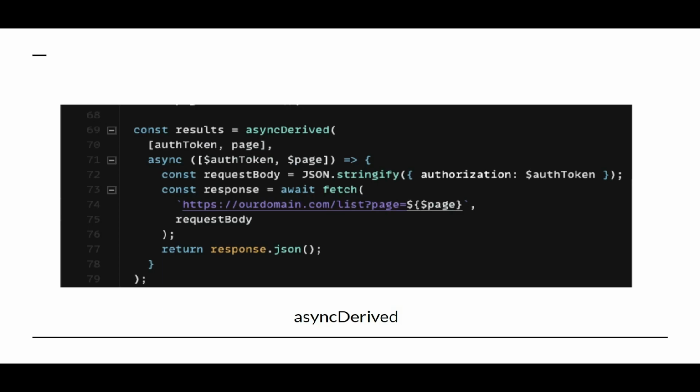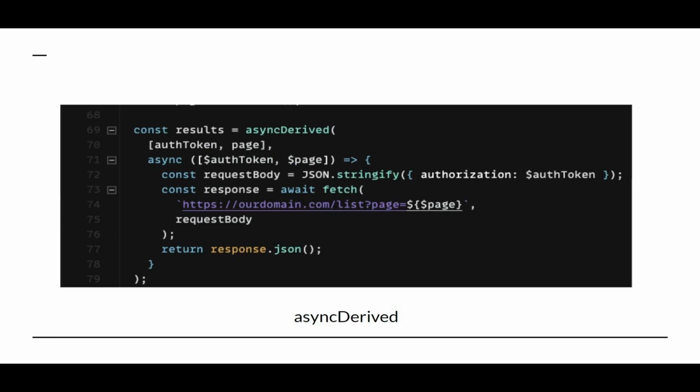However, while regular derived stores will invoke that function whenever any of the parent values change, including initialization, an async derived store will only do so after all of the parents have finished loading. This means you don't need to worry about creating unnecessary or premature network calls. After the stores have finished loading, any new changes to the parent stores will create a new network request.